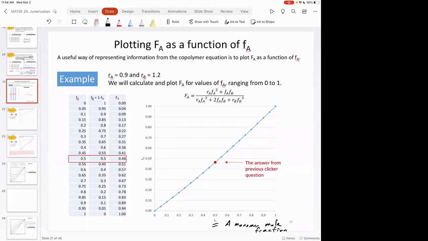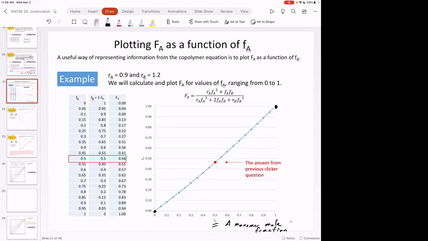So an FA of 1 means all A. And so this plot better end up at 1, 1, right? So if you have all monomer A, you're going to get all monomer A in the copolymer. If you have no monomer A, you're going to have no monomer A in the copolymer. So it has to go from the origin up to 1, 1. So that's a good check to make sure your Excel sheet is working.